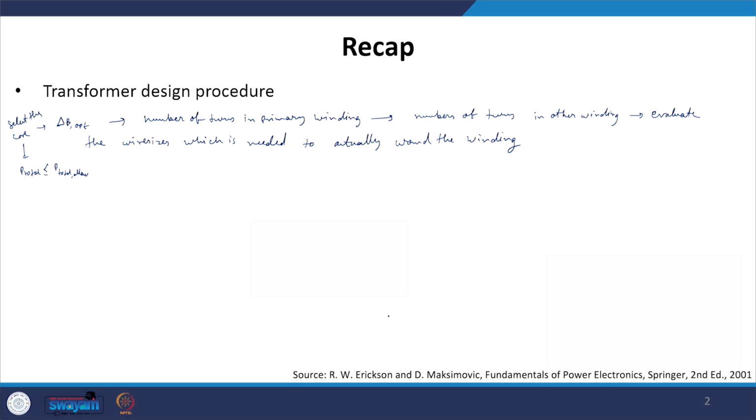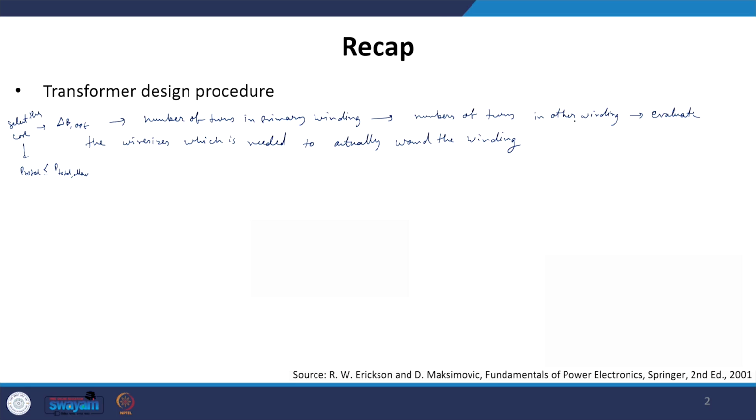From there we know the maximum power loss we can afford in the transformer. Then we select the core, and once we select the core we can define the number of turns in the primary winding, because by that time we would have already arrived at the optimum value of AC peak flux density.